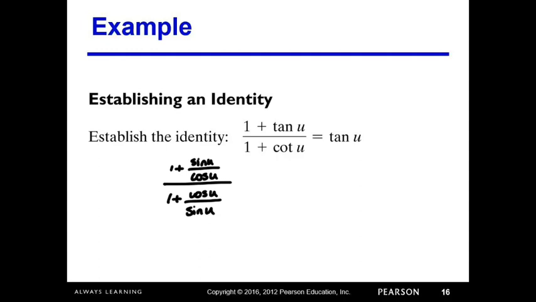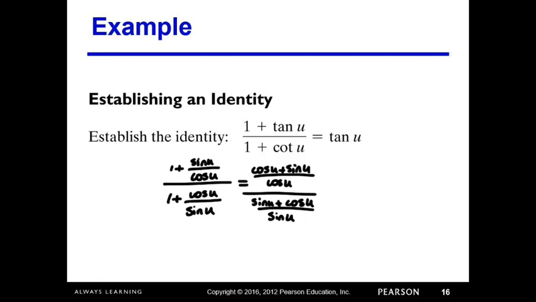Now we've got to get common denominators. So that becomes cosine u plus sine u over cosine u over sine u plus cosine u over sine u.